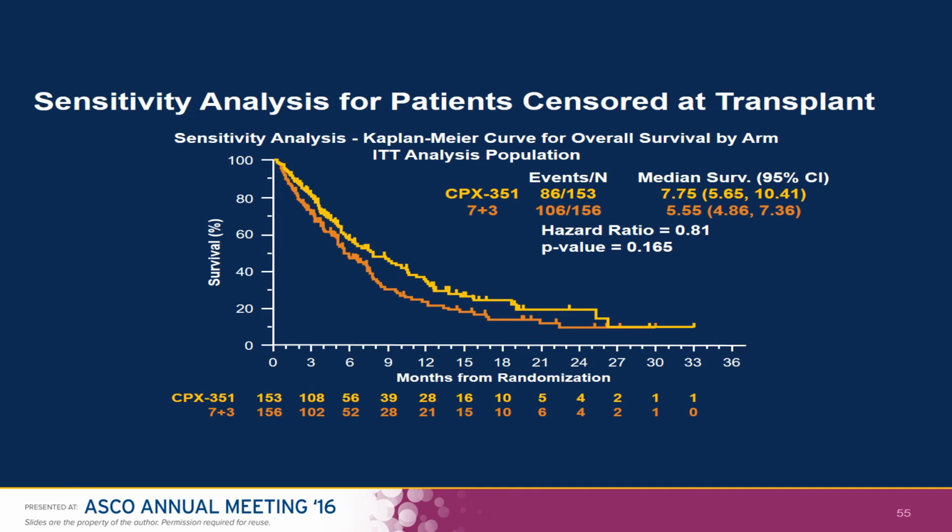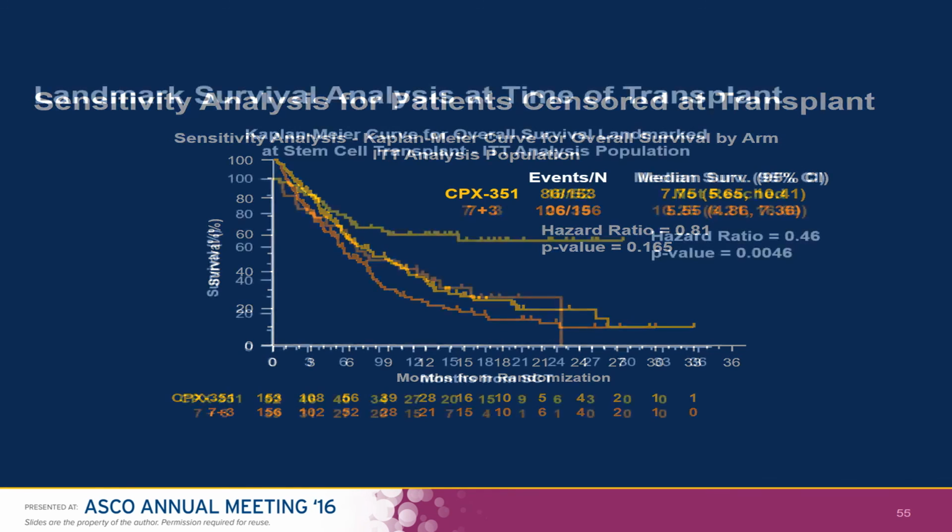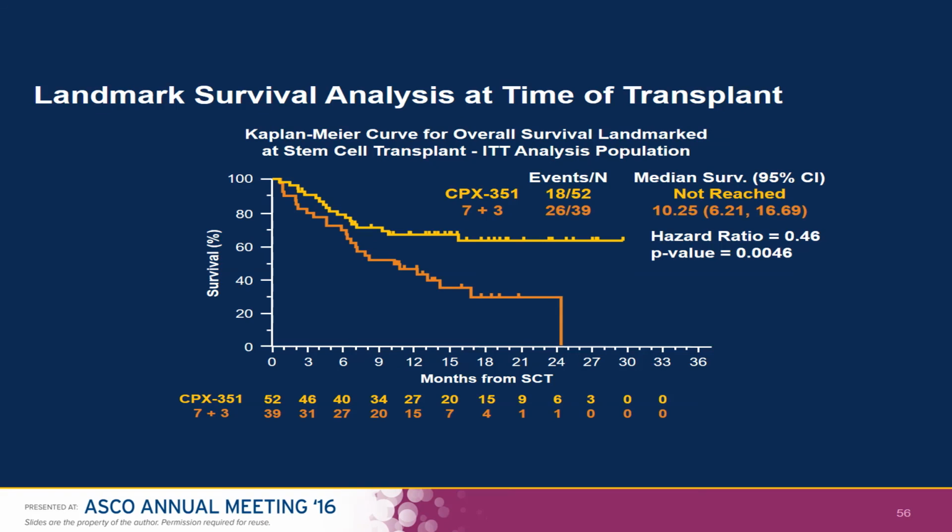Actually, a higher number of patients on the CPX-351 were able to go on to allogeneic stem cell transplant, and obviously that's important because, as I mentioned, this is a standard of care for these patients. And when they looked at outcome censoring at transplant, now the p-value disappears, but still the advantage is for CPX-351.